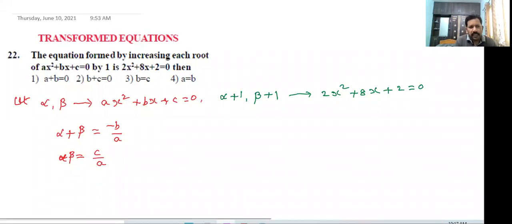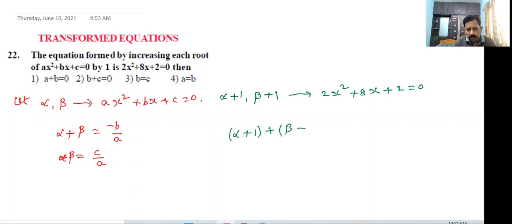Okay, same like that, find in the second quadratic equation the sum of the roots. Sum of the roots is how much, students? Tell me. Minus 8 by 2. Alpha plus beta plus 2, that is equal to minus 4.